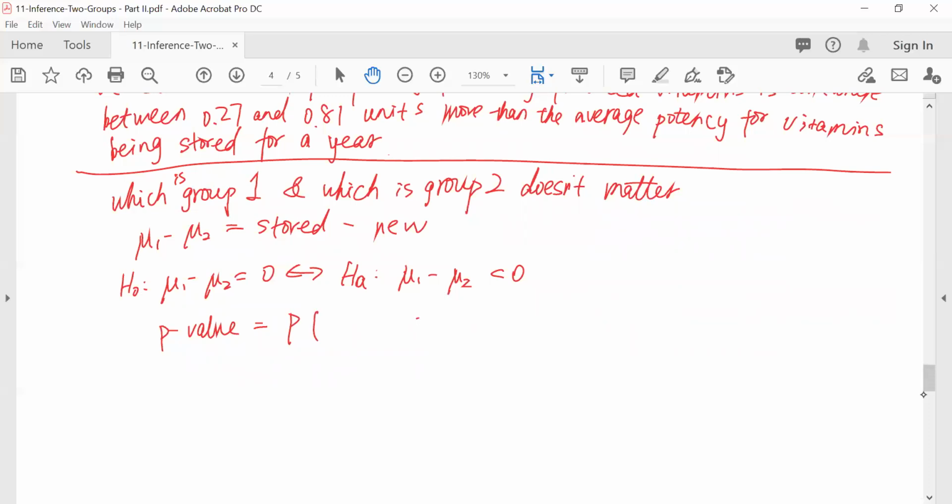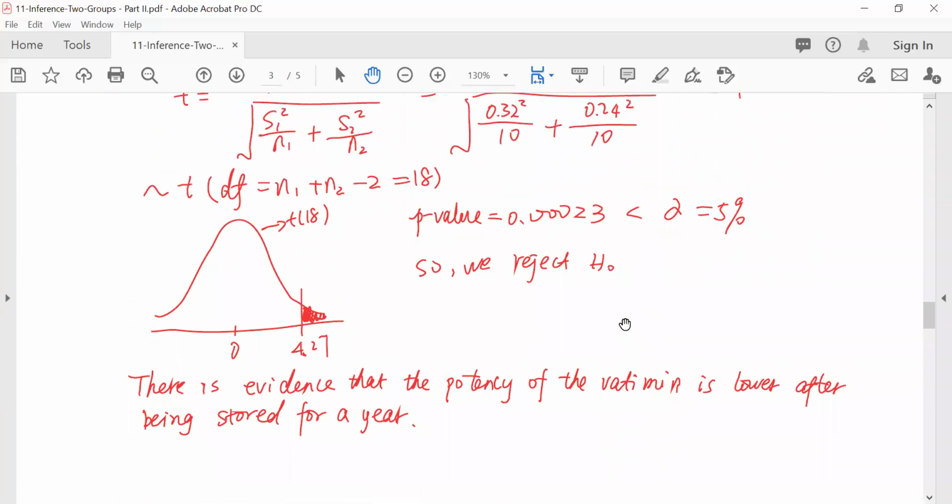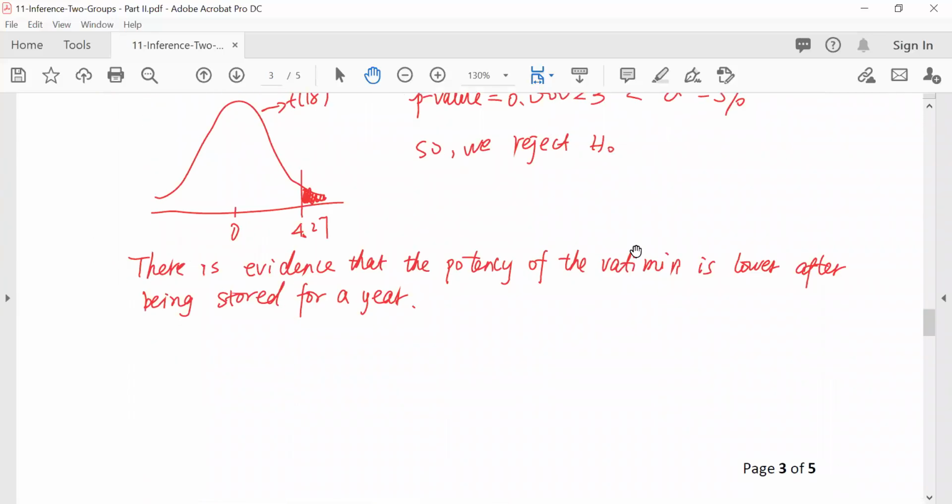So your test statistic will be negative 4.27. Then since you are having a less than test, the p-value is going to be t less than or equal to the test statistic you calculated. Then if you find the p-value, it will be the same p-value as the previous one, 0.00023, because it's symmetric.